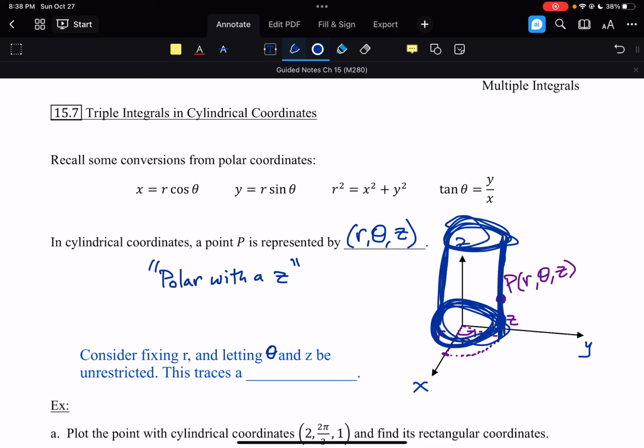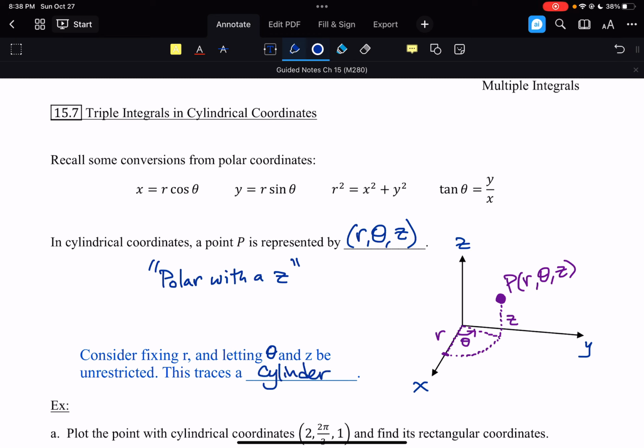What you create is a cylinder. So hence the name cylindrical coordinates. So we're really just employing the techniques of polar coordinates to 3 dimensions now.